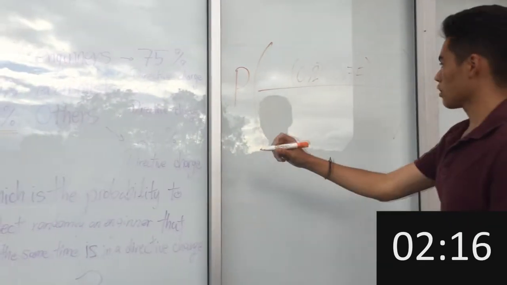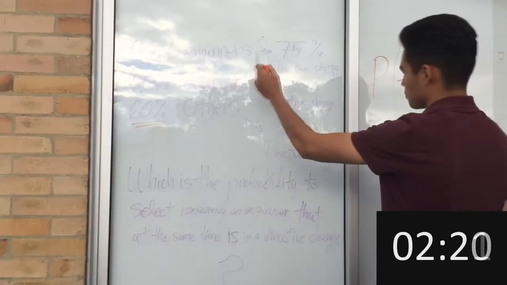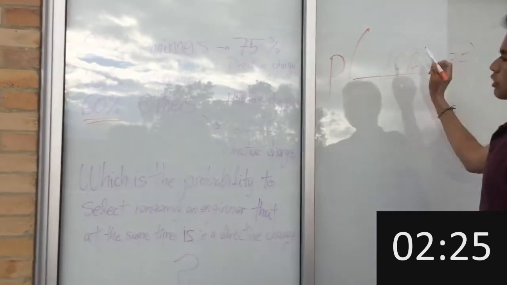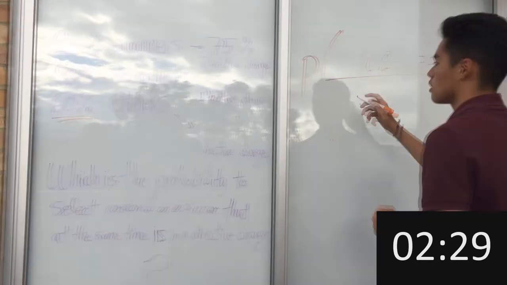And under the line, that is all the probabilities: the same of the engineers, the economy ones, and the other ones.